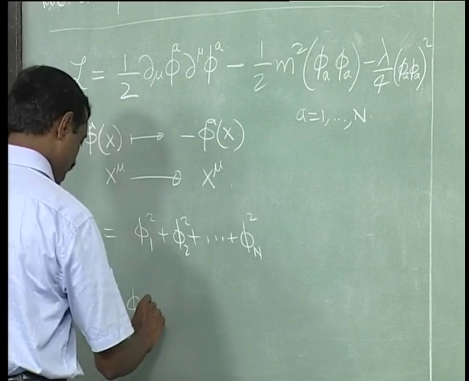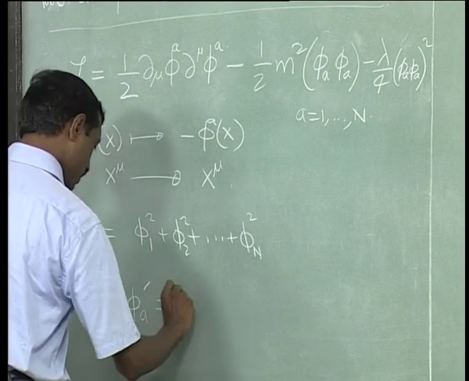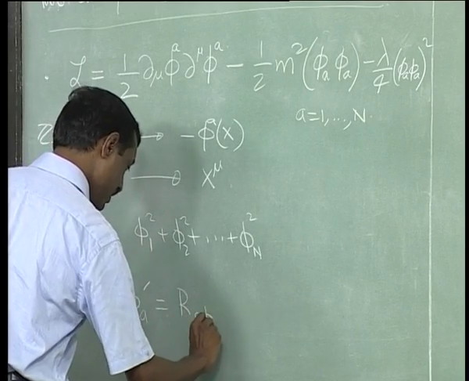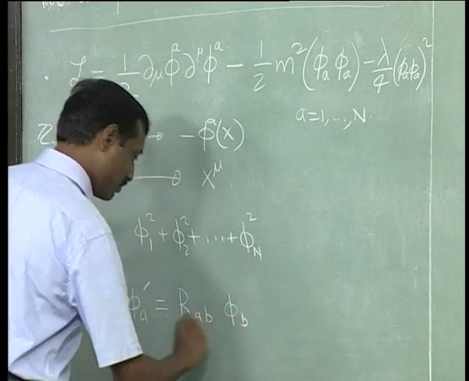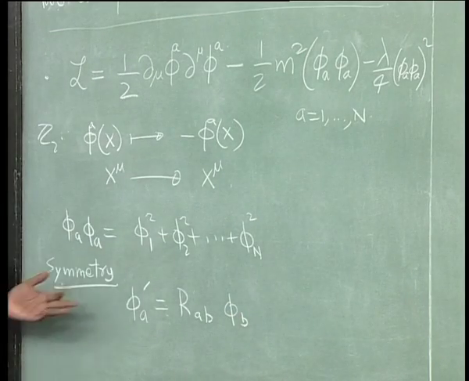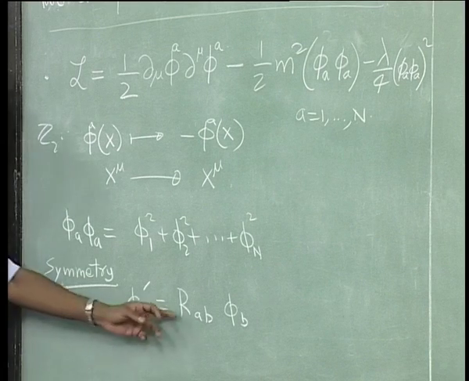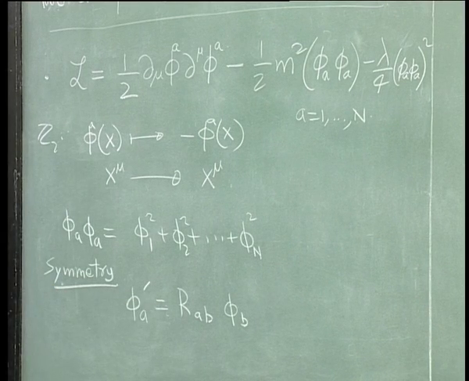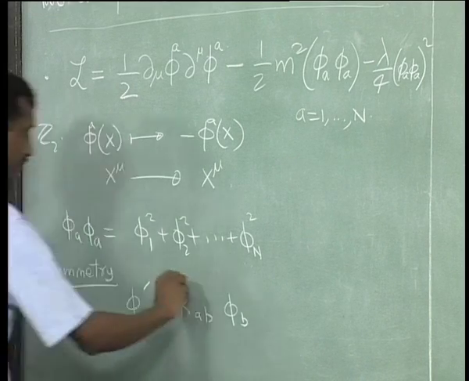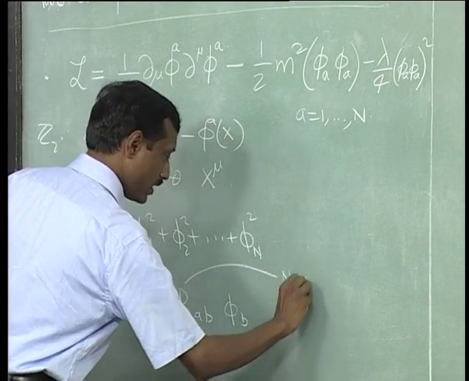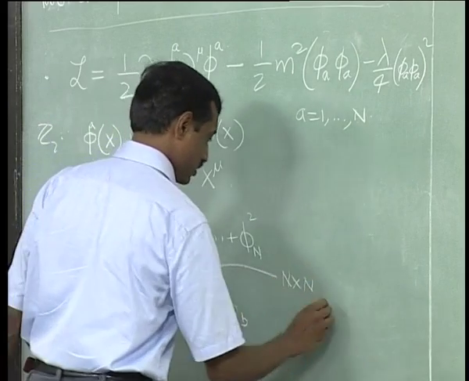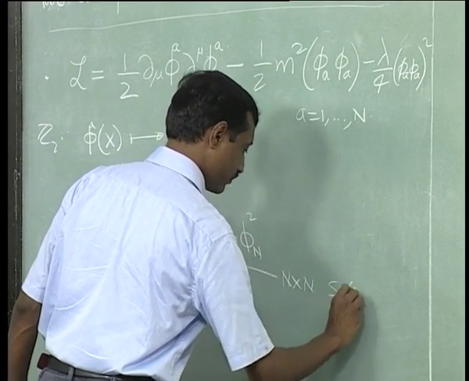Okay. So, phi A prime equal to R A B phi B, but nevertheless repeated index is summed over. Okay. So, where R is nothing to do with space time, it is just some n by n orthogonal, some n by n SO(N) matrix.